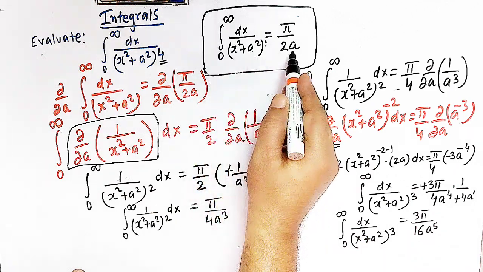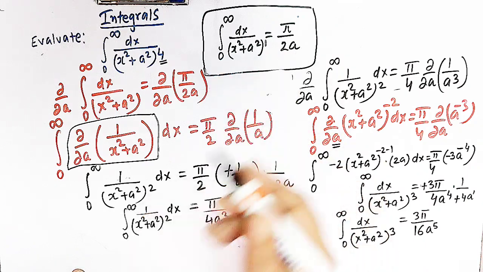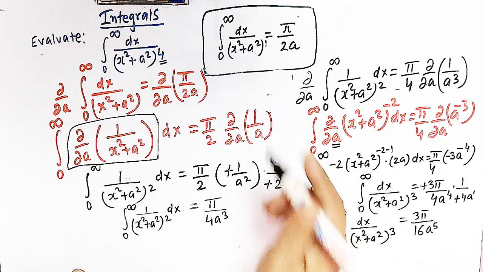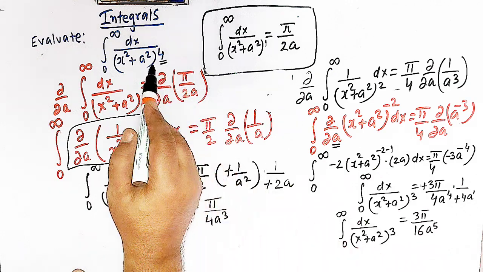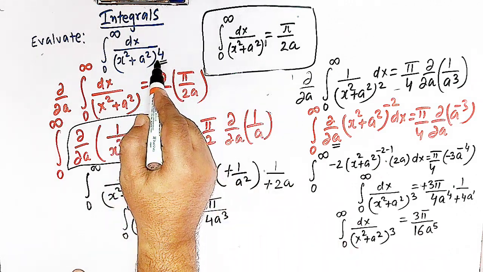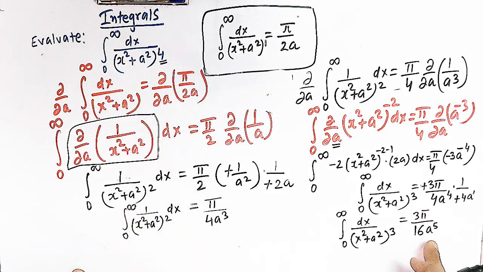So when we have differentiated 2 times this expression, the exponent is increased by 2. So here we have 1 plus 2, that is equal to 3, and here we need 4, right? So the exponent is to be 4.